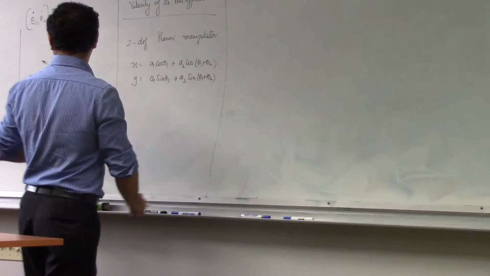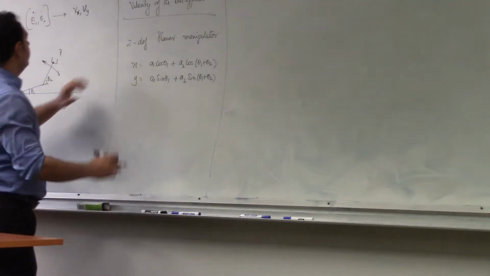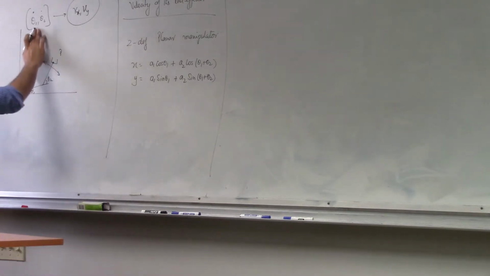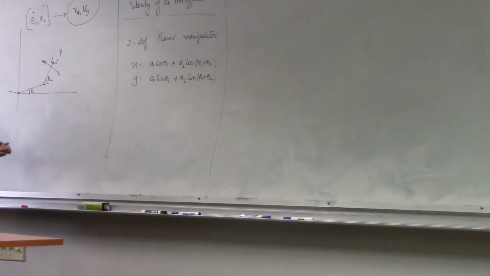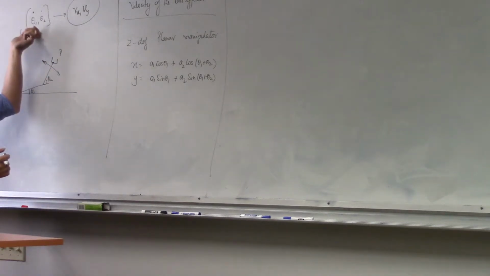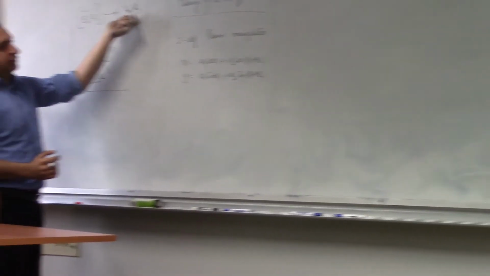Okay, so what we want to do is establish a relation between Vx, Vy, and θ1 dot and θ2 dot. The reason is because, let's say I have a desired velocity. I need to have the desired joint velocity to generate this, right?